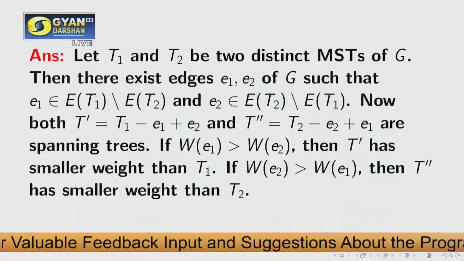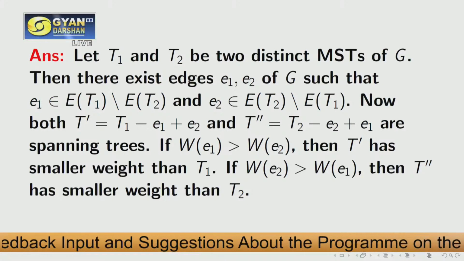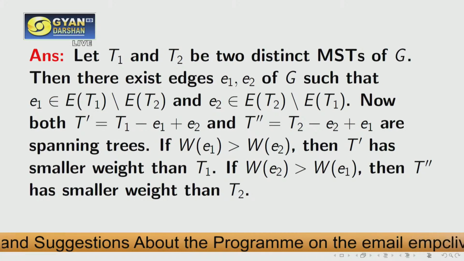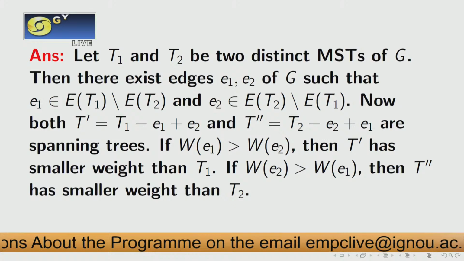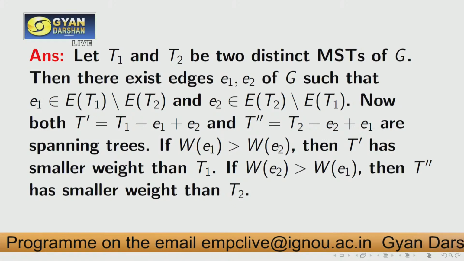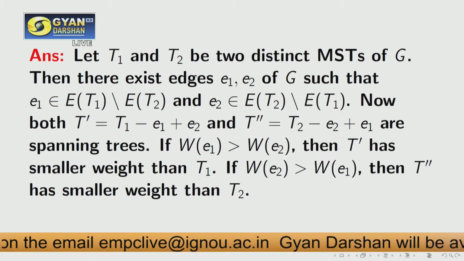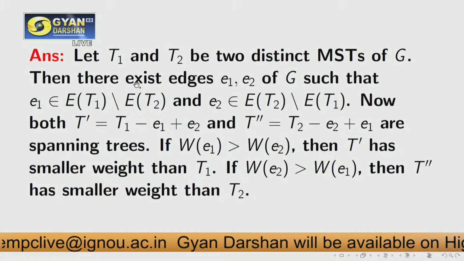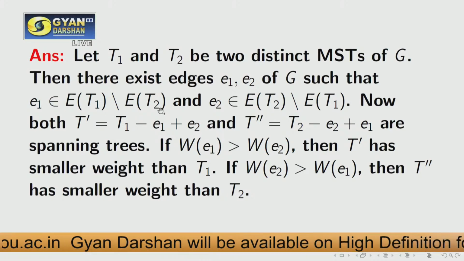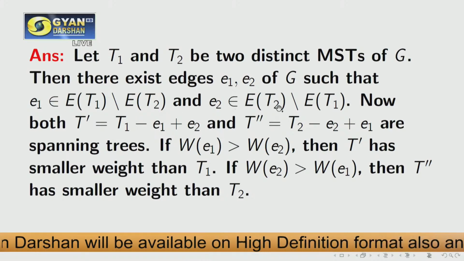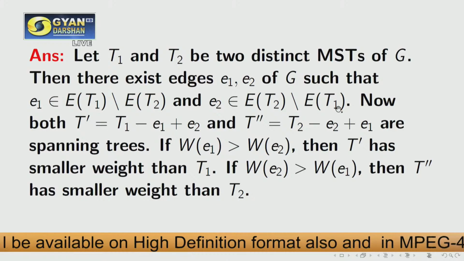So let T1 and T2 be any two distinct MSTs of G. Then there exist edges E1 and E2 of G such that E1 lies in T1 but not in T2, and E2 lies in T2 but not in T1.